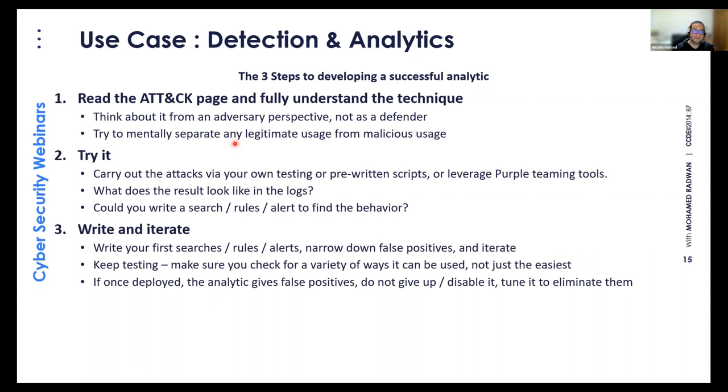And in most cases, those purple teaming tools do integrate with your security stack in a way that they would tell you that you have tried to run this technique and your SIEM has detected it. And then you would be satisfied with this result. Or on the other side, it might tell you that it tried to run this technique and there was no detection from your security tools.